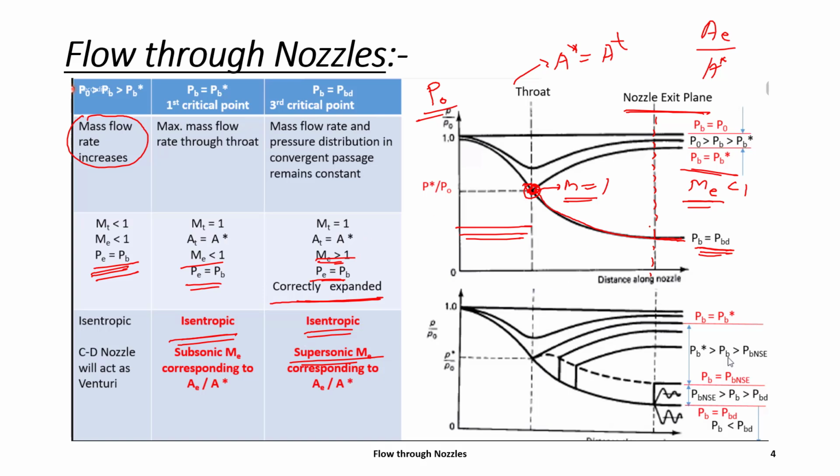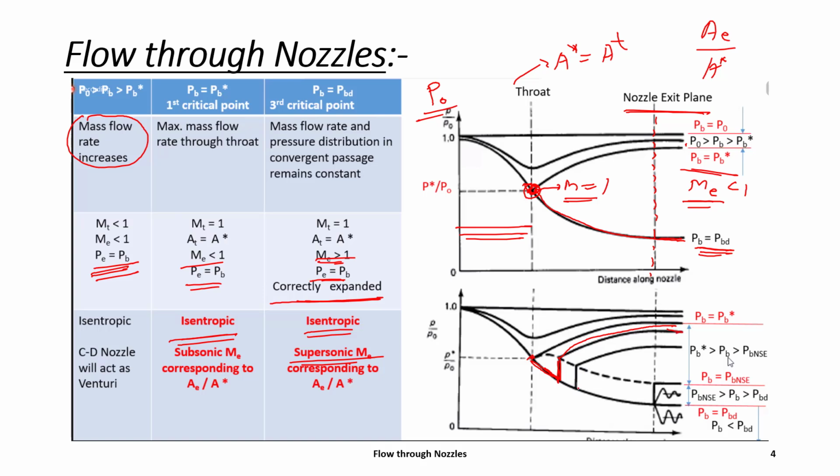Now we will see what happens between the first and third critical points. If we decrease back pressure below the first critical point, then in the convergent part it will reach Mach number equal to 1, and in the divergent part it will first increase to some supersonic Mach number, then there will be a shock wave which will reduce it to subsonic flow, and then the flow velocity will reduce more due to the divergent part.